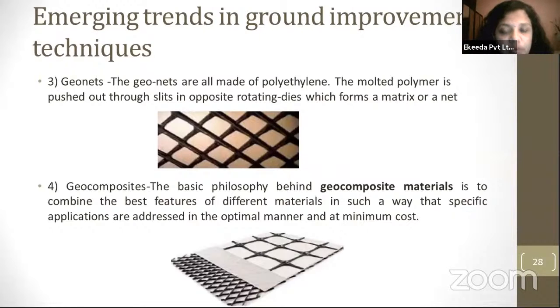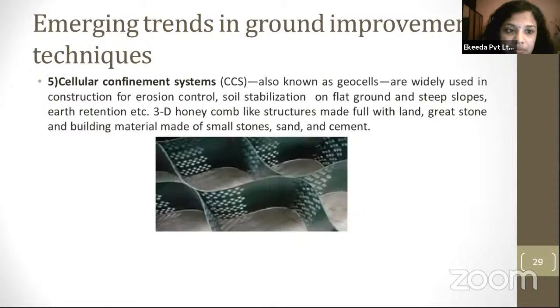Geonets are made of polythene, similar to geotextiles. Then geocomposites, a combination of geonets and geotextiles. Next is the cellular confinement system, CCS. Here it is a honeycomb formation of polypropylene, which can be inserted into the soil and can improve the strength.